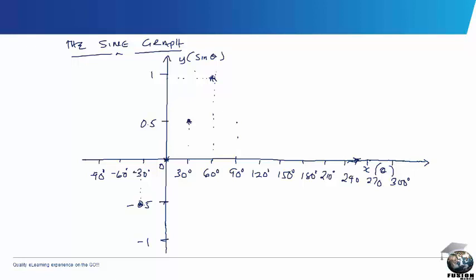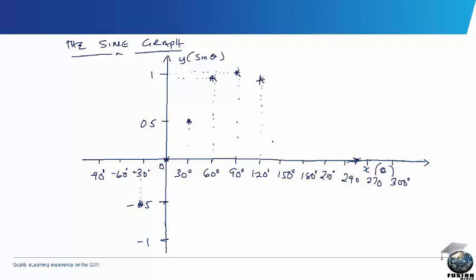At 90, it is equal to 1 itself. If this here to be my 1. Okay, at 90, it is equal to 1. And then at 120, it is equal to 0.86.